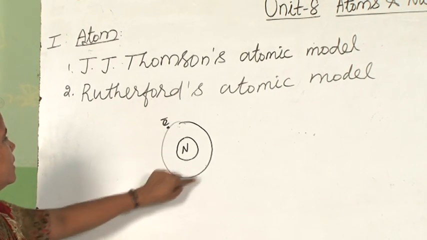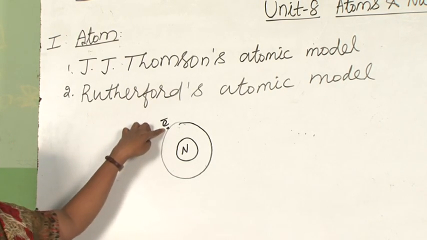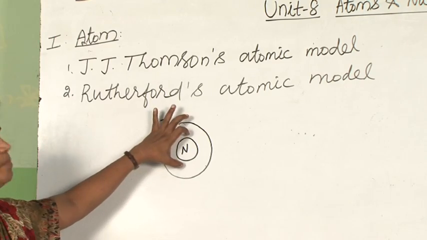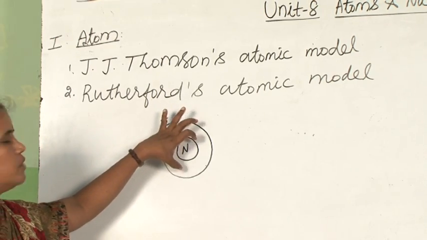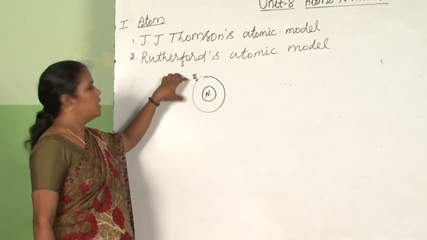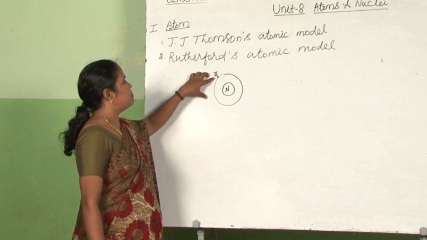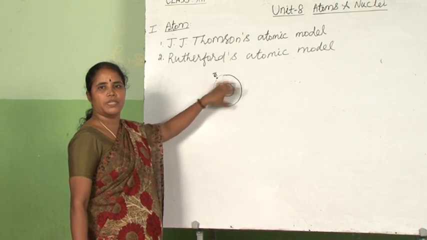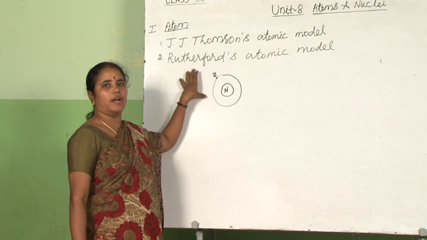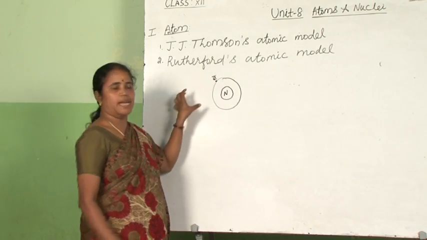If an electron revolves around the nucleus, the centripetal force for the electron is provided by the electrostatic force of attraction between the nucleus and the electron. Due to this centripetal force, the electron must have an accelerated motion. According to electromagnetic theory, an accelerated electron must lose energy.